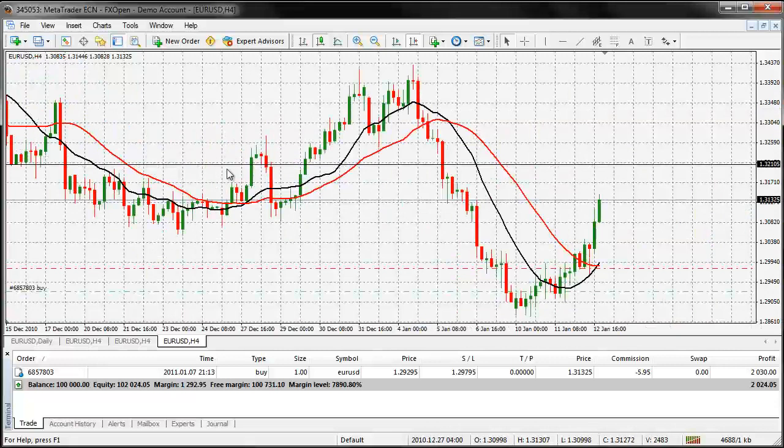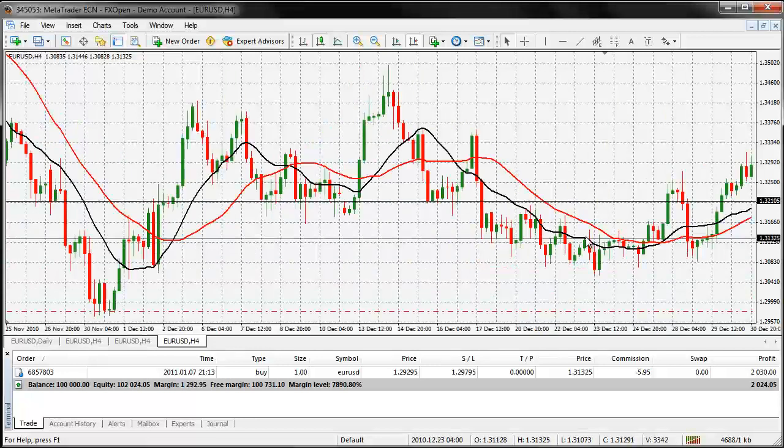Now you could also use these two indicators as trigger alerts as well. So for instance, here is where the market's gone up, and you can say to yourself, okay, I'm going to wait for a short opportunity, but I'm only going to wait when the two triggers have rung true.